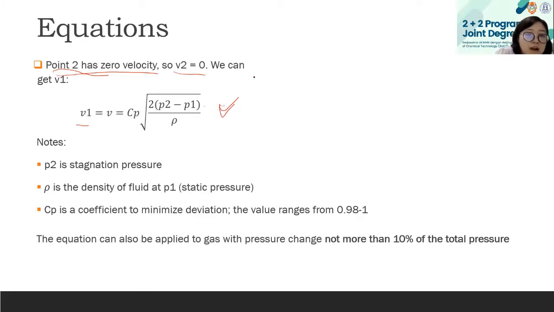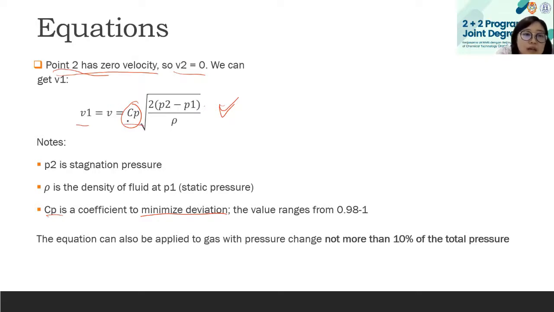However, usually the flow inside the pitot tube will have friction loss, so of course there will be a deviation in the calculation. Since we have the deviation, we can use CP as a coefficient to minimize it.